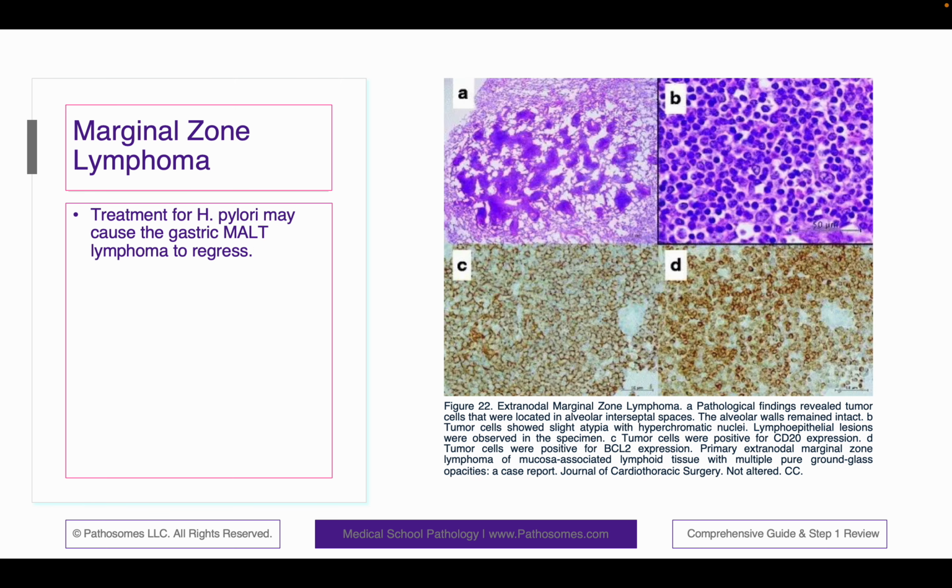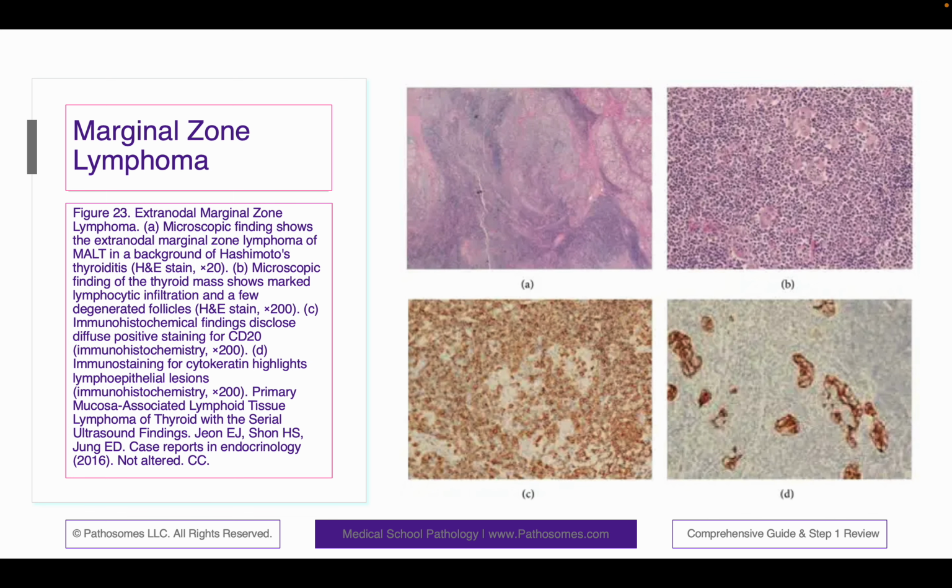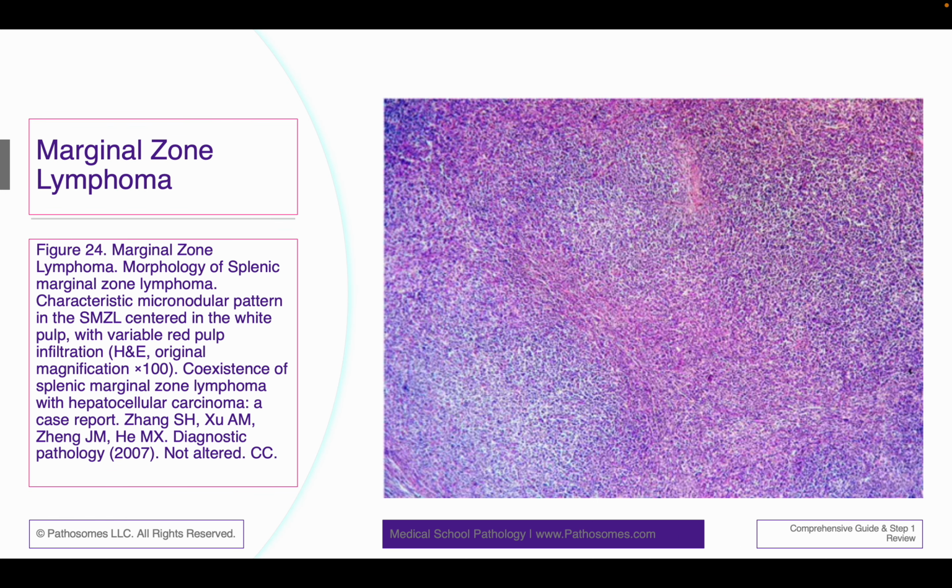Treatment for H. pylori may cause the gastric MALT lymphoma to actually regress. Here we have an image of an extranodal marginal zone lymphoma. You can pause it and read it in detail, but we've definitely gone over all the key points that you need to know. So if you're feeling extra detailed right now, you can pause and read this. But for brevity's sake, we're going to move on.